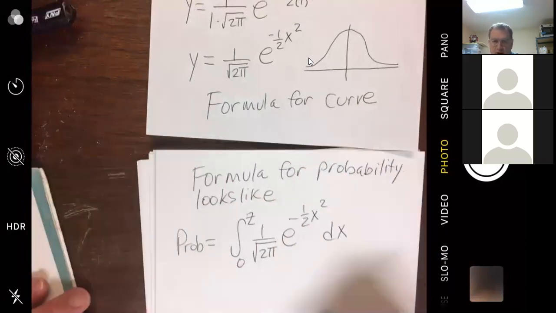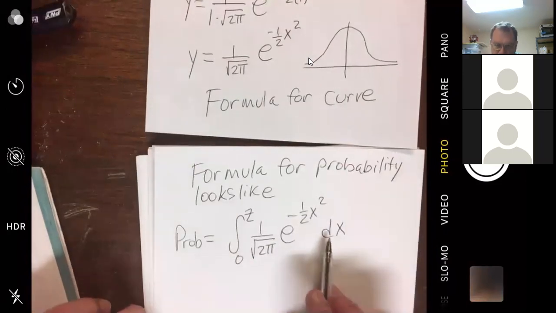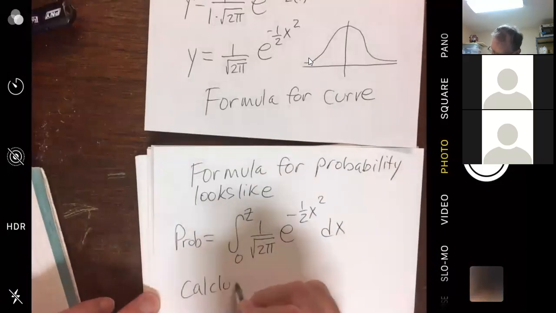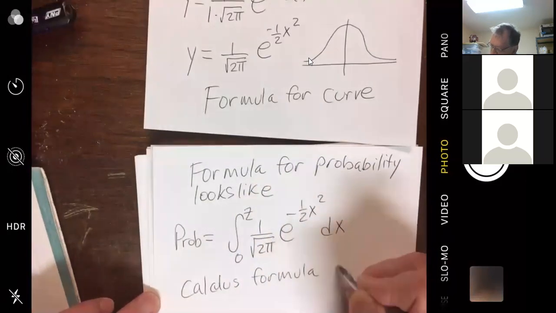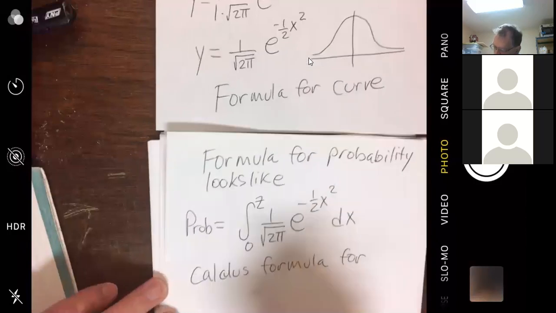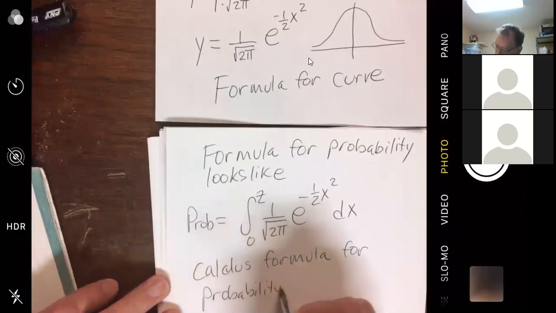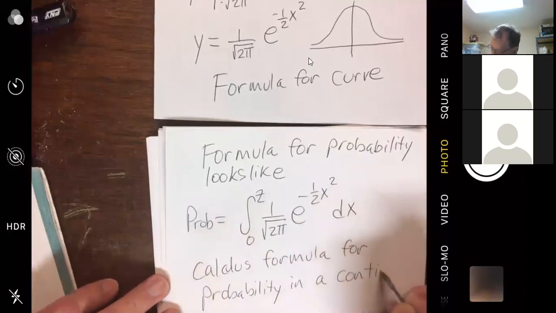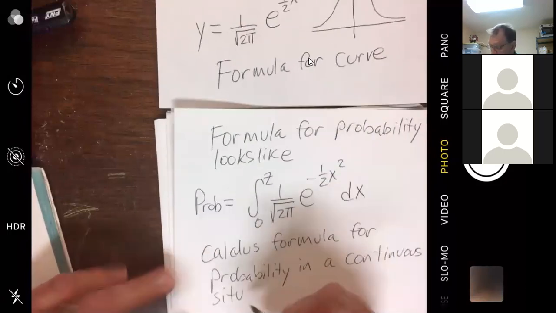All right, since neither one of you have had any calculus, this probably makes no sense whatsoever. But this is a calculus formula for probability in a continuous situation distribution.